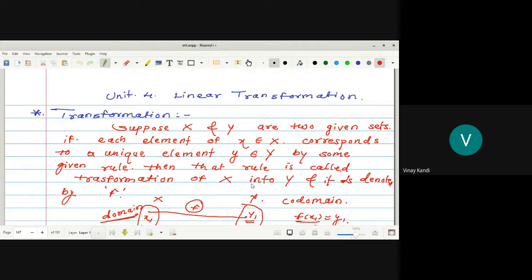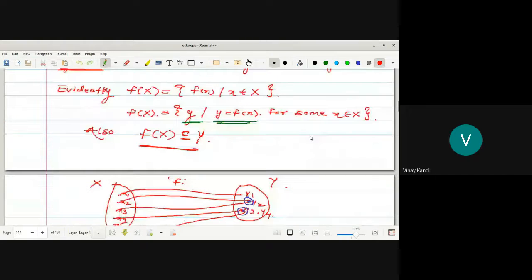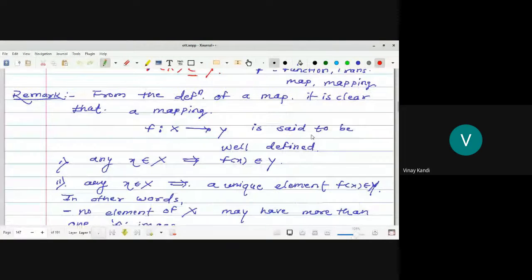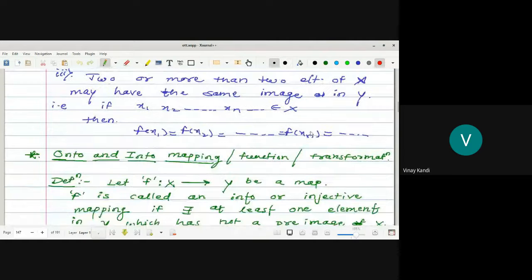Okay. Also, we saw what a one-one function is, what an onto function is, what an into function is, and what a many-one function is. Onto and into mapping. Onto is nothing but the codomain of the function being equal to the range of that function. What is into?